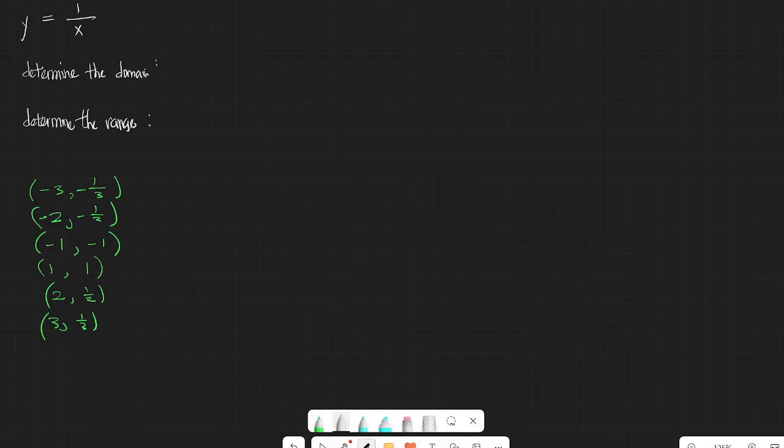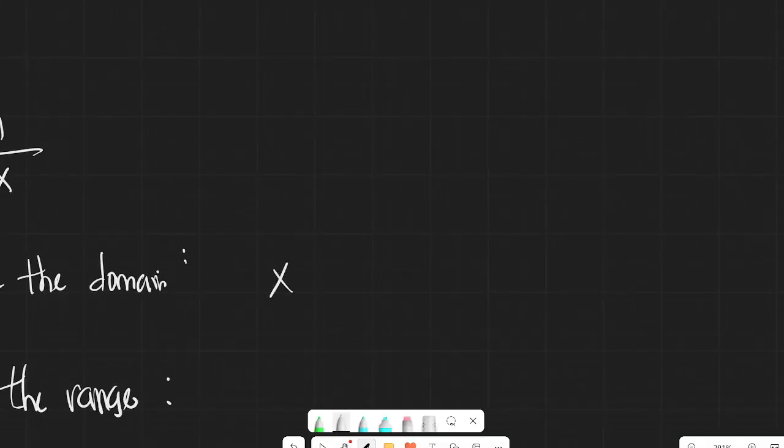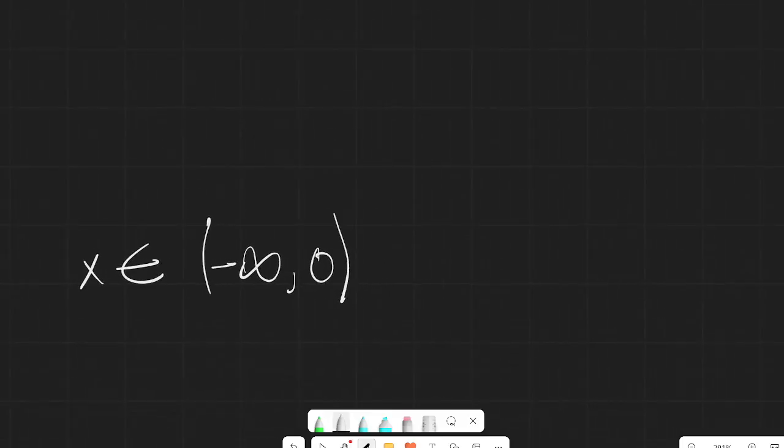So we can say that the domain of the function, or all the x values, can be anything we want except for 0. So x is within the set of numbers such that it goes from the interval, we'll use interval notation for this, to 0, but it softly approaches it. It cannot be 0, right? So we use these rounded parentheses.